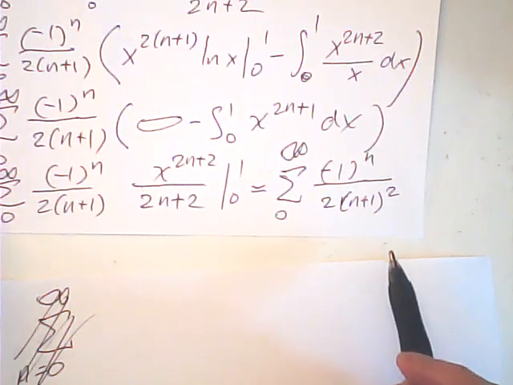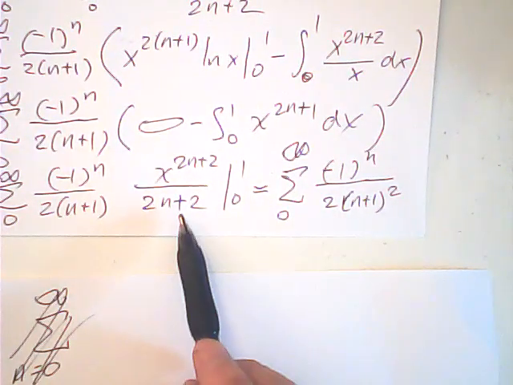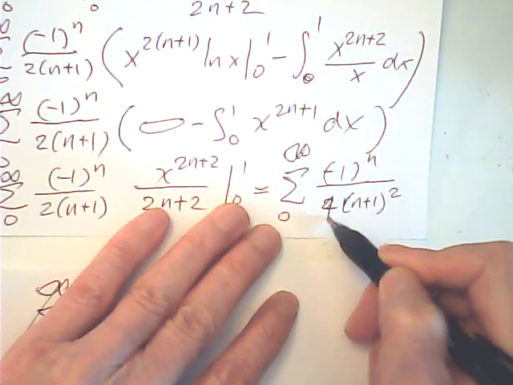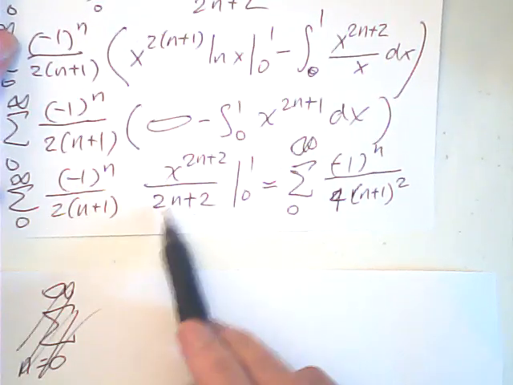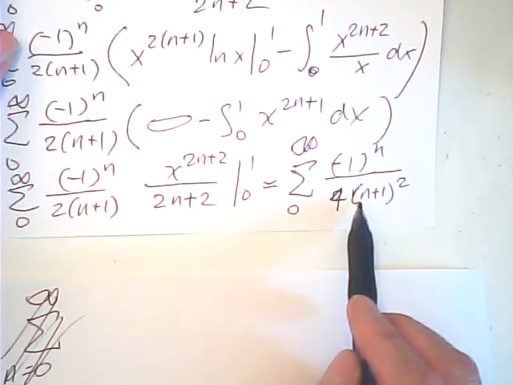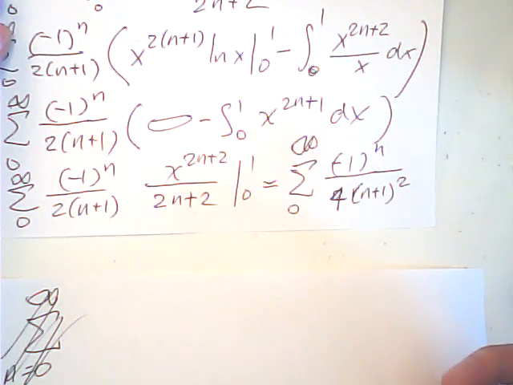Well, this one times this one is 4, right? So I'm missing the 4 here. This is 2n plus 1 bracket, right? So it becomes a 4. 2n minus 1 square. Yeah, that's correct.